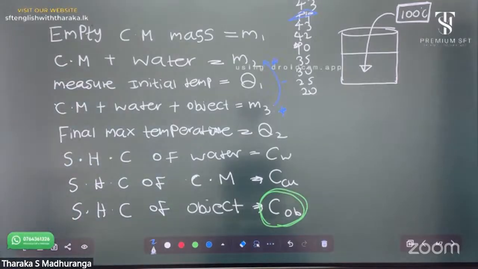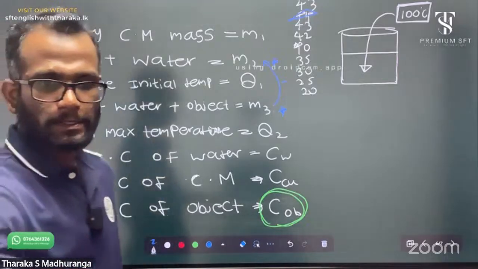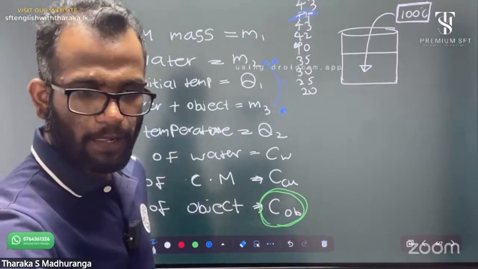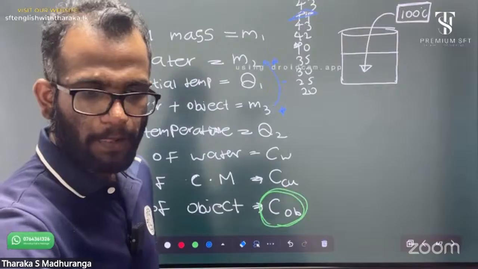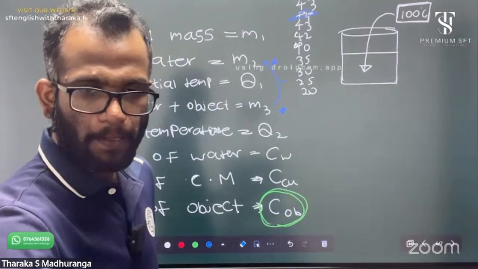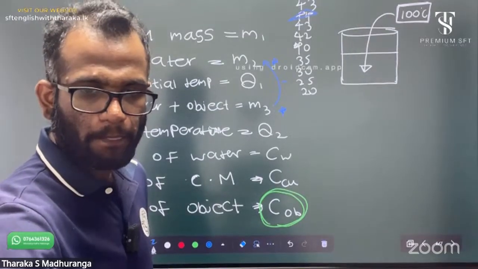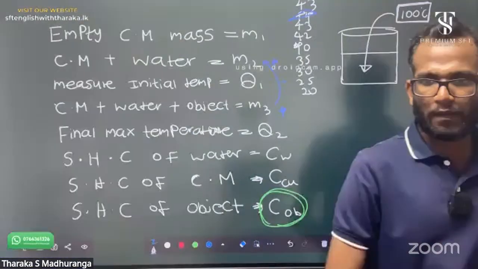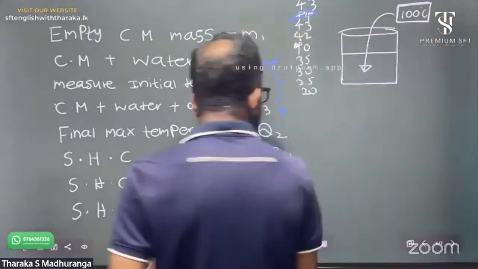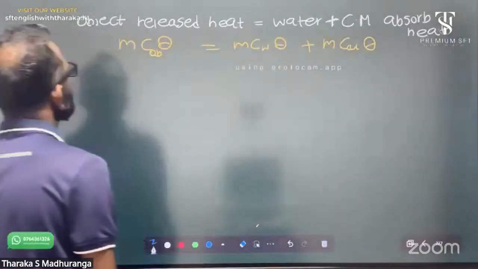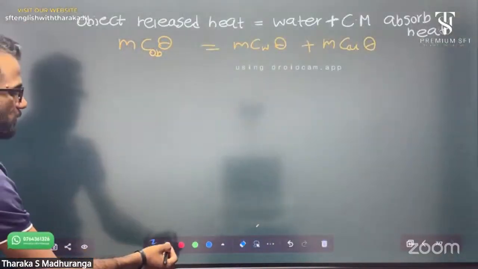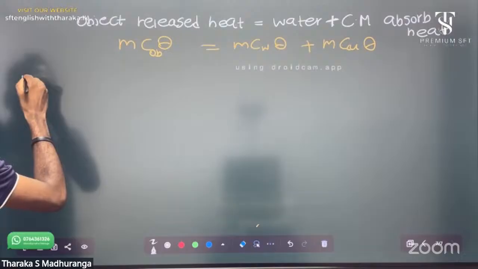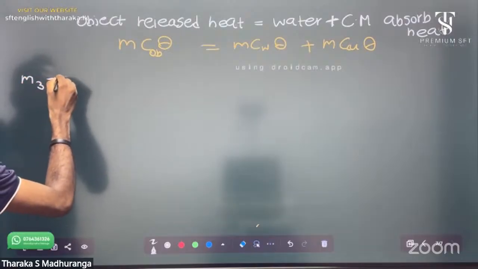So instead of the mass of the object, I put M3 minus M2.